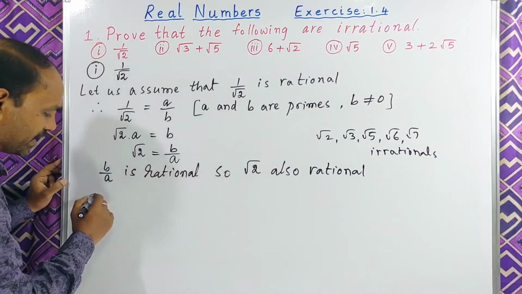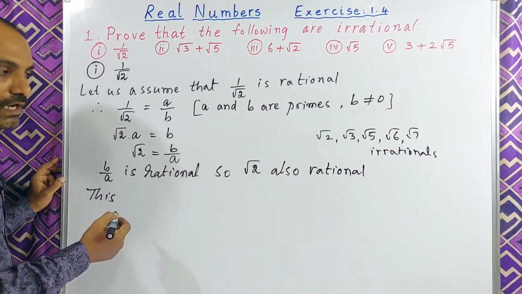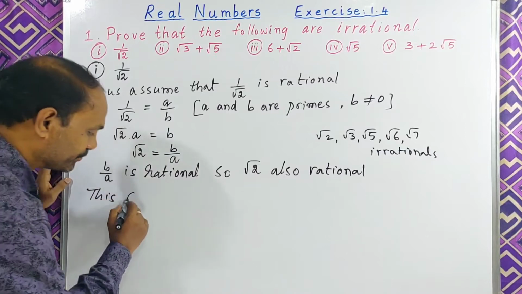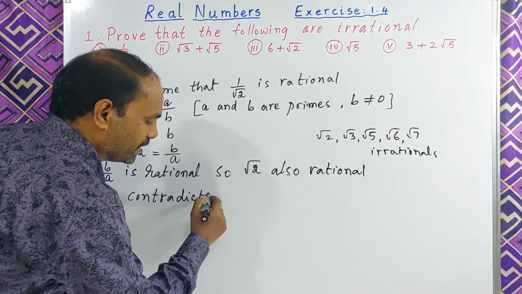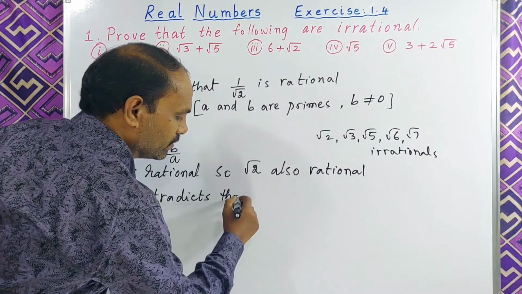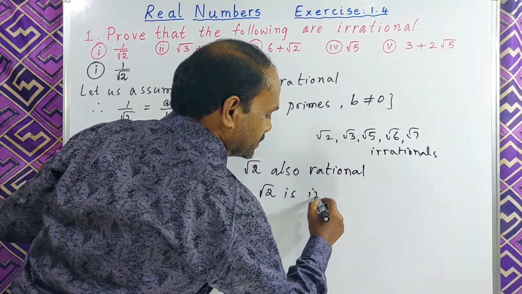So this contradicts. Contradicts means opposite. This contradicts that root 2 is irrational.